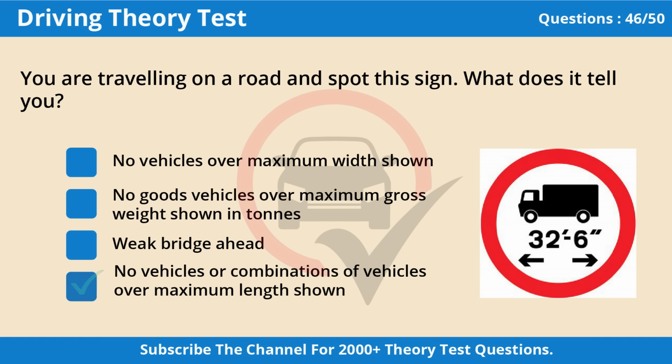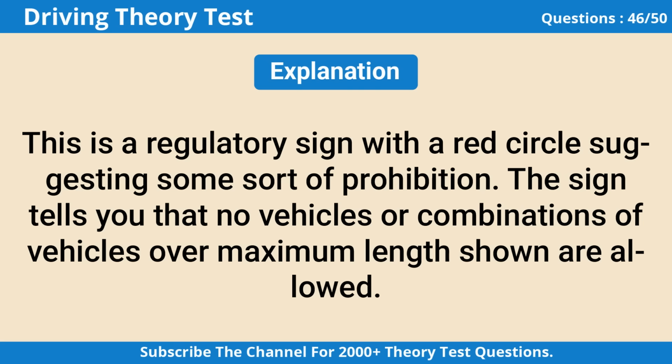This is a regulatory sign with a red circle suggesting some sort of prohibition. The sign tells you that no vehicles or combinations of vehicles over maximum length shown are allowed.